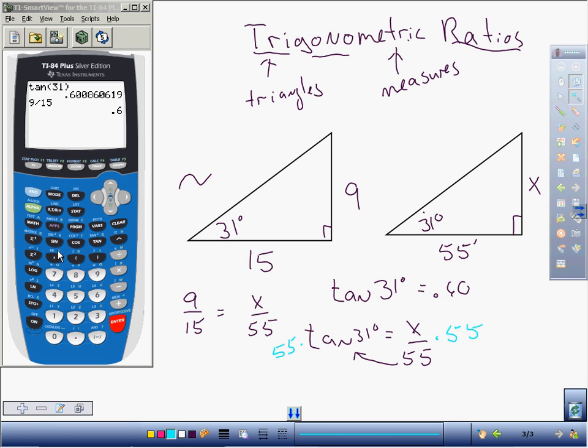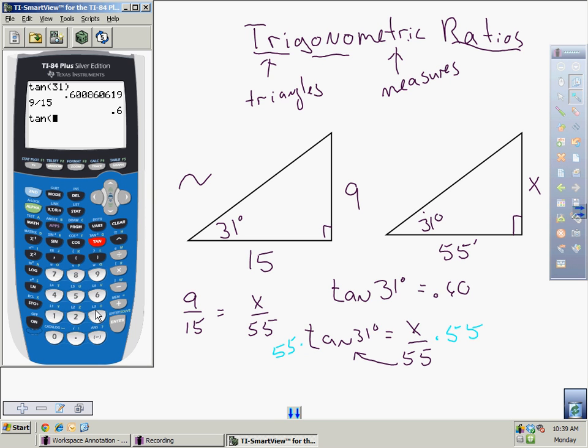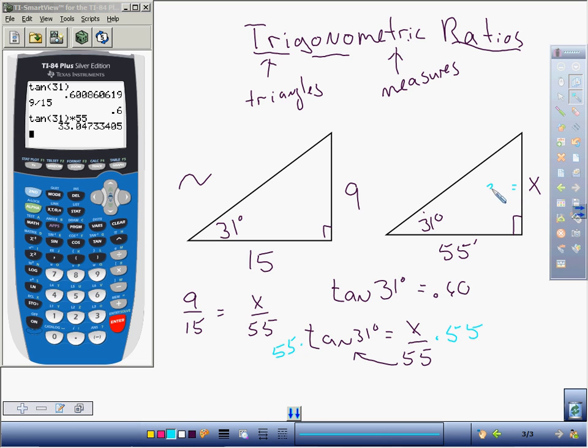So I go tangent of 31, and you got to close that parentheses, times 55. And I get that this side, this x is 33.04.